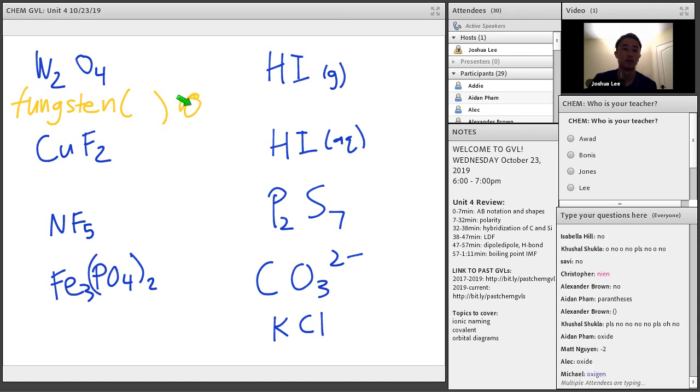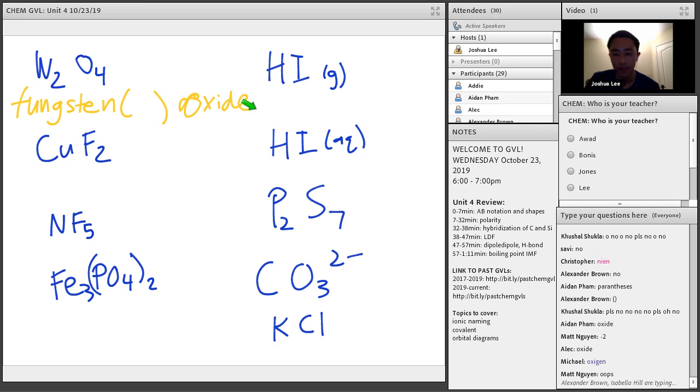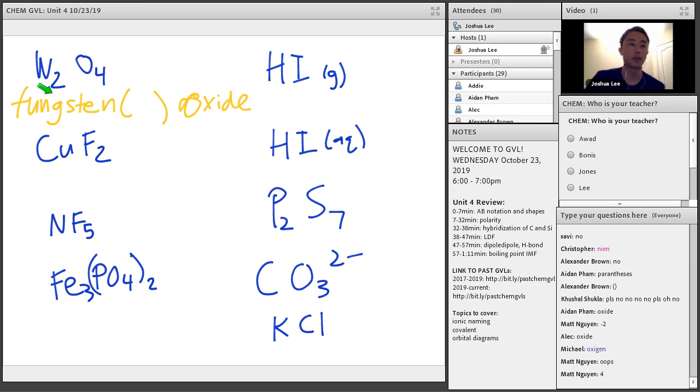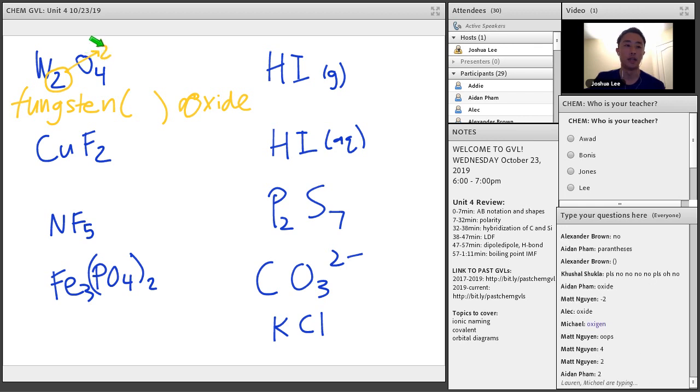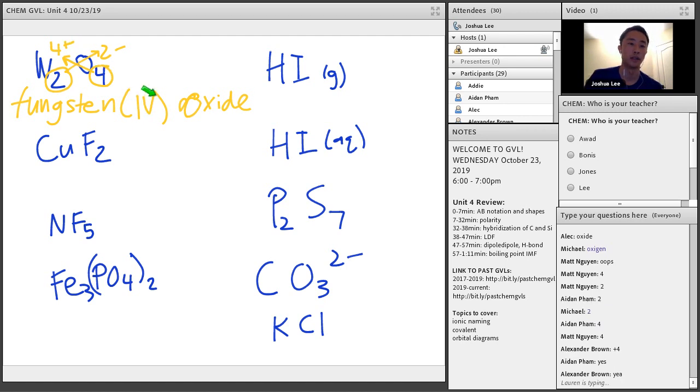Then we have to figure out the charge of tungsten. If we do reverse crisscross, based on the tungsten, what would the charge of oxygen be? -2. And based on the oxygen, what would the charge of tungsten be? +4. And if you check your charges, does it make sense that oxygen is a -2 charge? Yes. So that means tungsten is indeed +4.